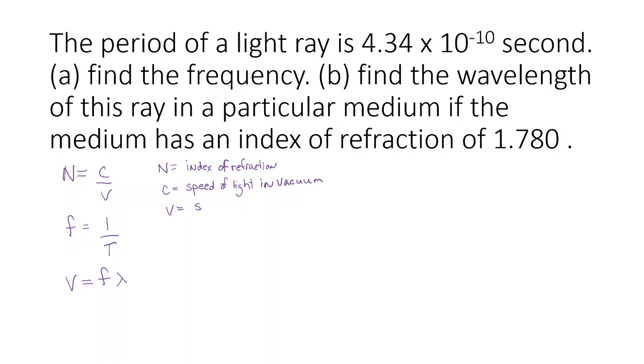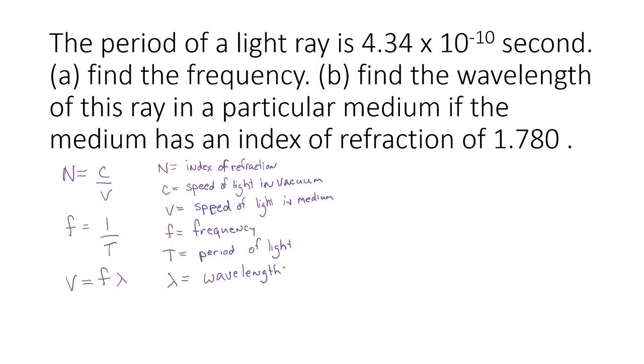V, speed of light in a medium. F equals the frequency of that light. T is the period of the light, how often it repeats. And lambda is wavelength of the light wave.